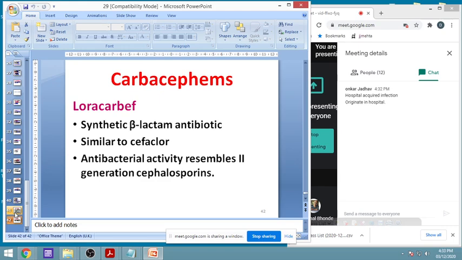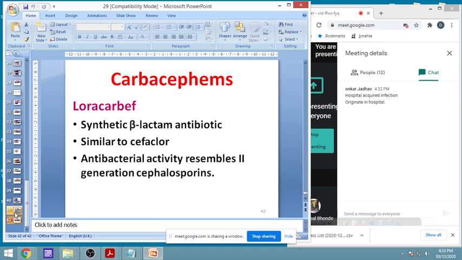So these are the hospital acquired infections. Usually they are difficult to treat because the infected patients who are coming have some infections, and therefore the bacterial load is very high in that area. Because of that, there is a reduction in immunity.